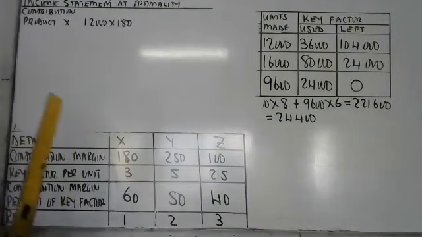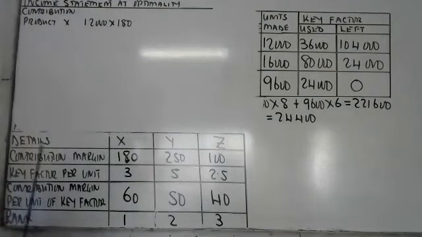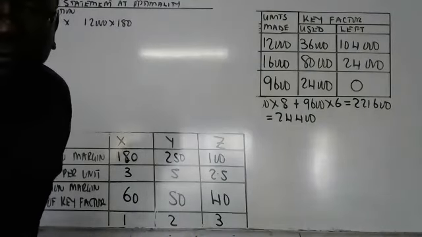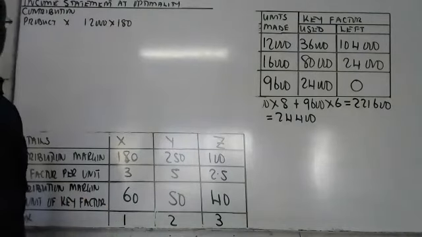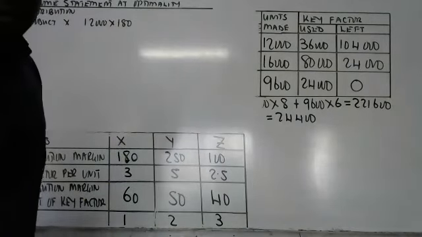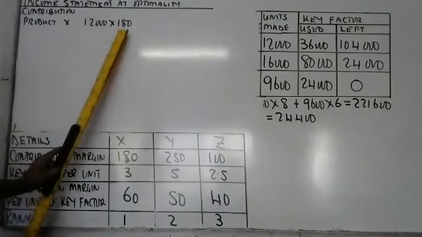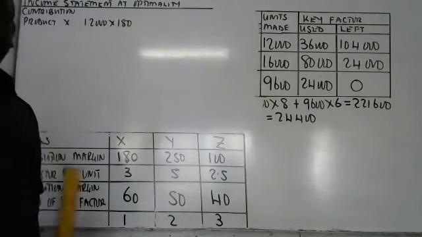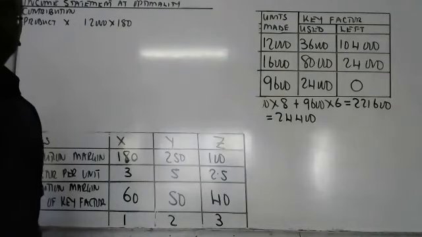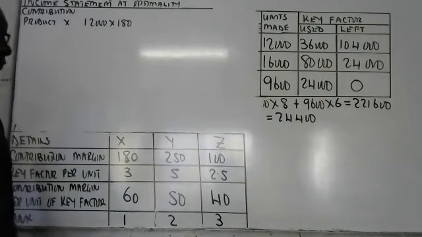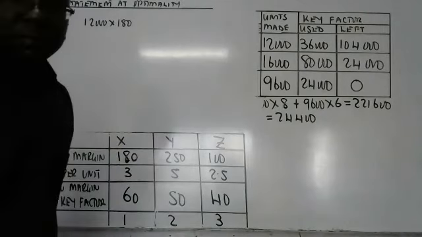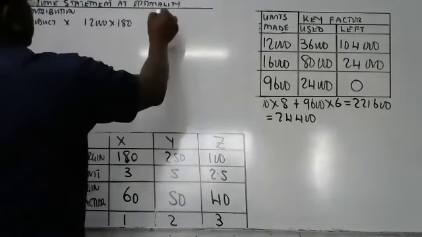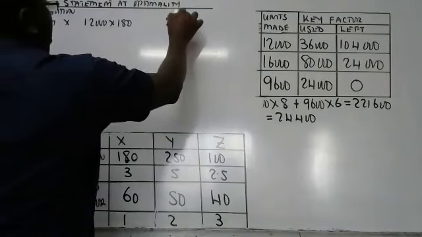So multiply and give me the answer. Let's be fast now. 12,000 times 180 is what? 2,160,000.